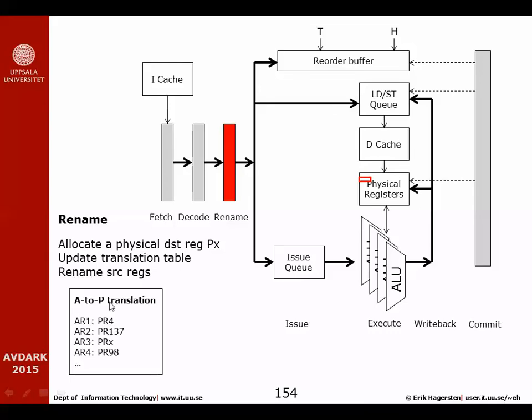So then, you update the translation table, then you rename your source registers as well. Because if source register, architecture register 1, should be translated to physical register 4, and another source register, register 4, should be translated to physical register 98, because those registers have earlier been renamed.